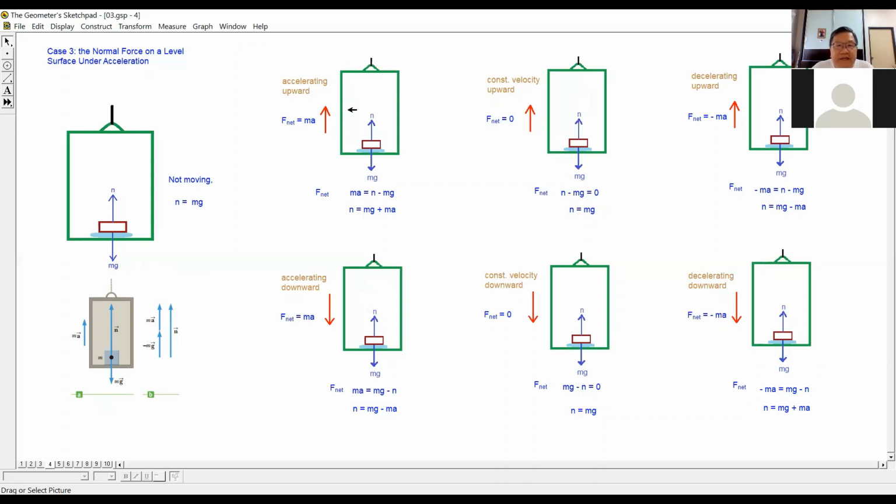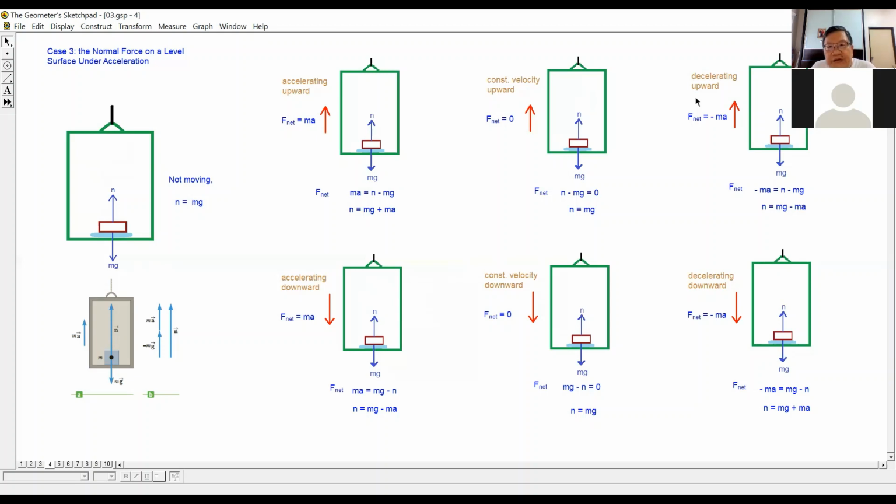The first case is the lift is accelerating upwards, moving upward with acceleration. The second case is the lift is moving upward with a constant velocity. In the third case, the lift is moving upwards but slowing down, it is decelerating. In all three cases, the lift is moving upwards.